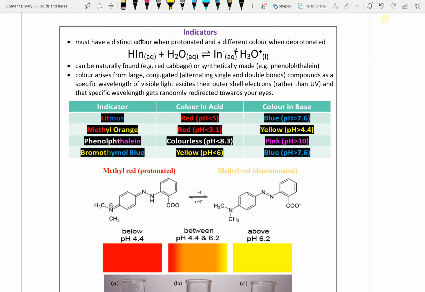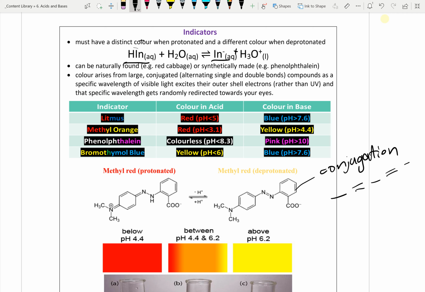I just mentioned the word conjugate in relative terms for chemistry, an acid and its conjugate base. But you can also have this type of conjugation, double bond, single bond, double bond, single bond.